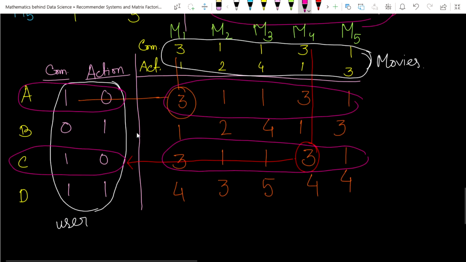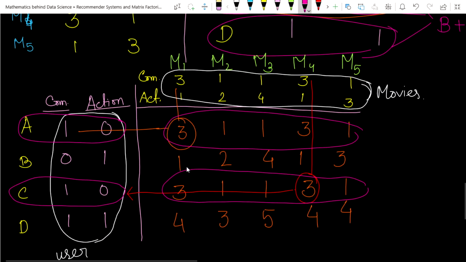Now let's look in these directions. See this one. I think the pencil is better. See movie 1 and movie 4.